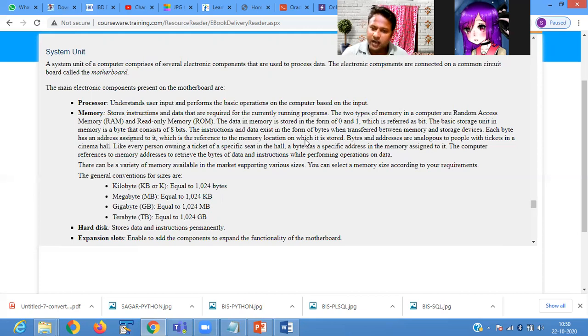Then the next output device is called the digital projector, the projector that we are using. Digital projector means it is an output device. What you want to display to the user or to the audience, you can display by using digital projectors.